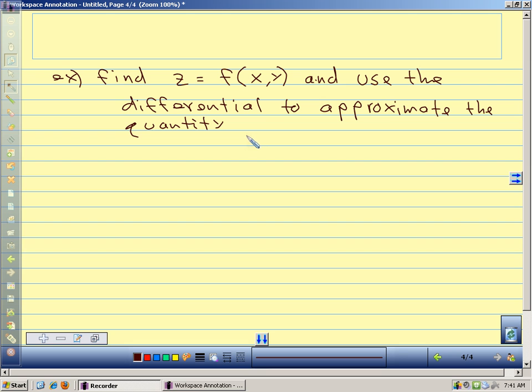And our quantity is 2.03 squared times 1 plus 8.9 to the third minus 2 squared times 1 plus 9 to the third.